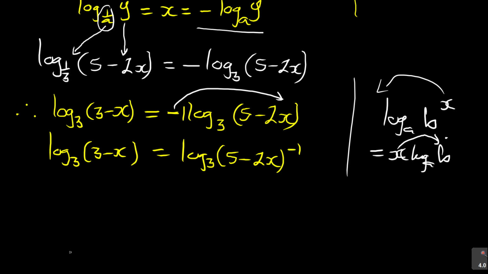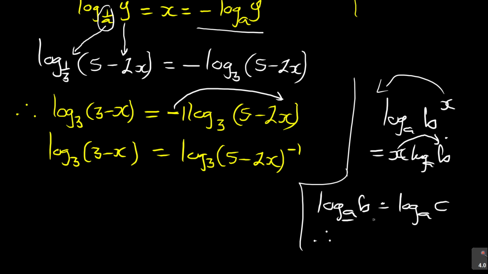I wanted to come at this stage here to say, if I'm given log base a of b is equal to log base a of c, therefore when the bases are matching, it means b is equal to c. See that?